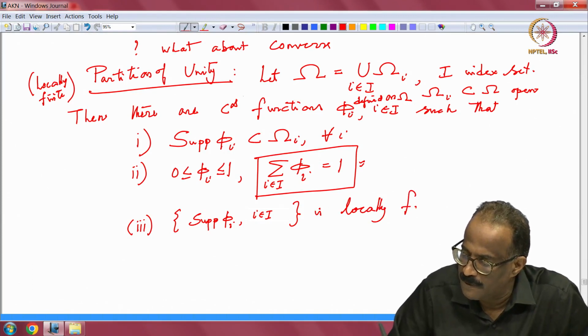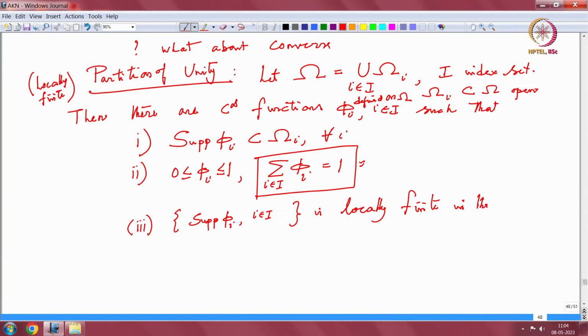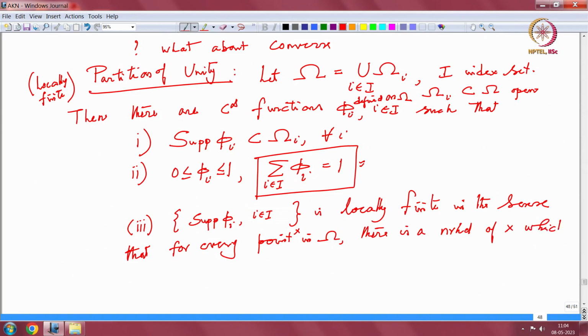Let me tell you the meaning of this. For every point x in Omega there is a neighborhood of x which will intersect only finitely many supports of phi_i. That is for all x in Omega.